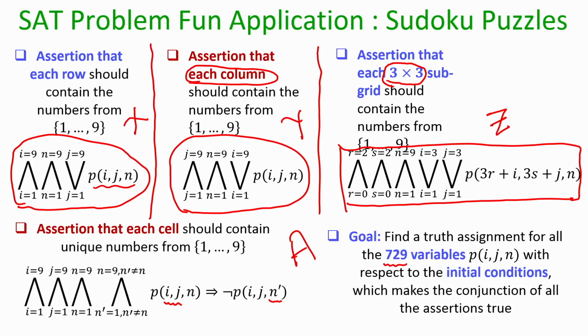That is why I have 729 variables. Some of these propositional variables might have already taken truth assignments because of the initial conditions. So remember, some of the cells of the problem instance might be already filled. That means it has already fixed the truth values for those particular cells.